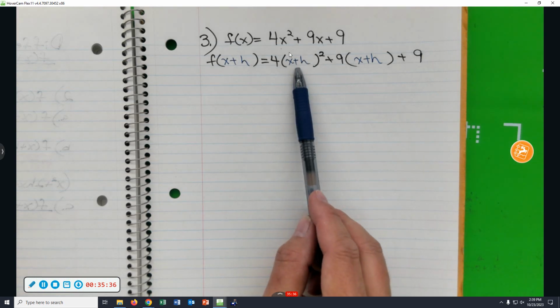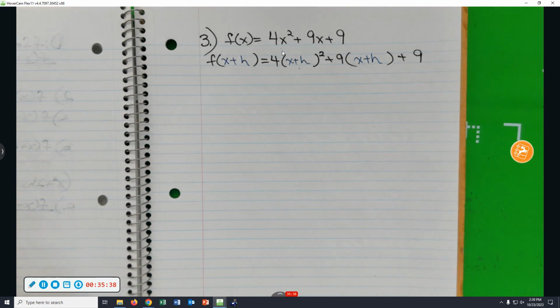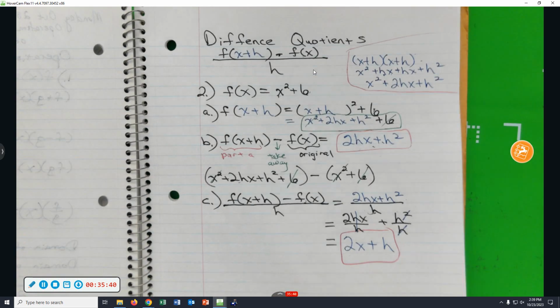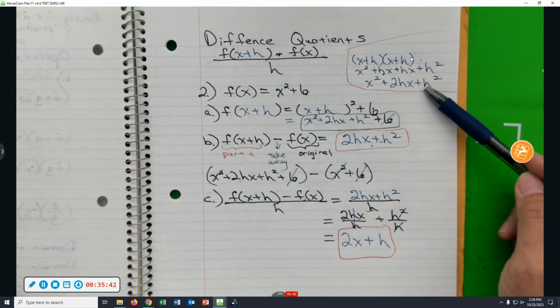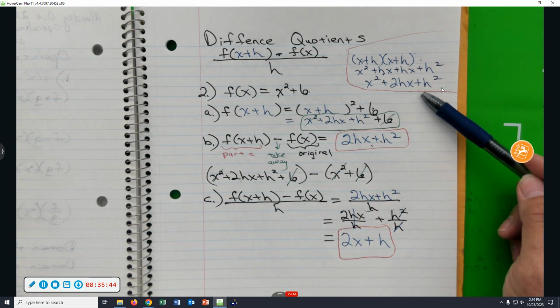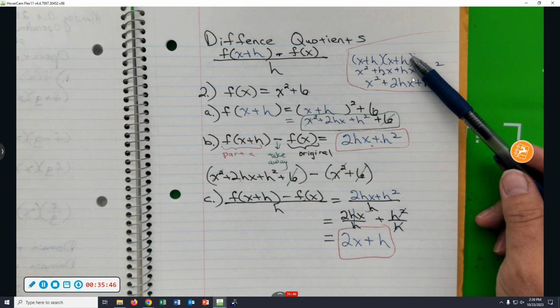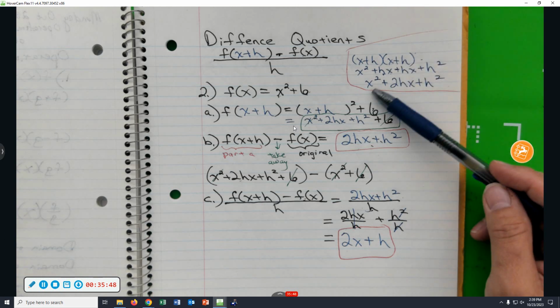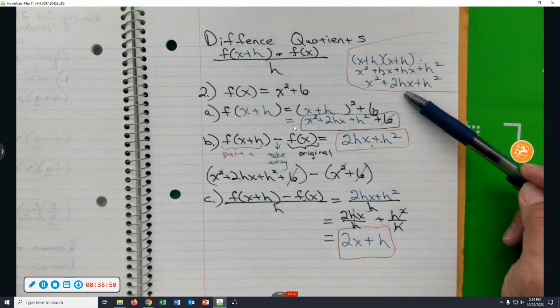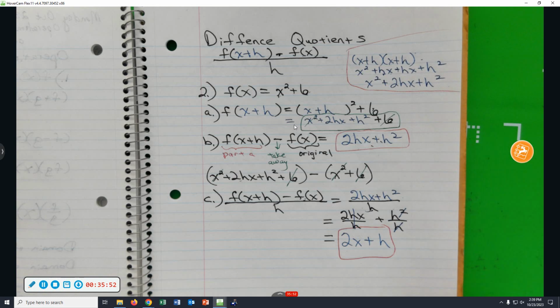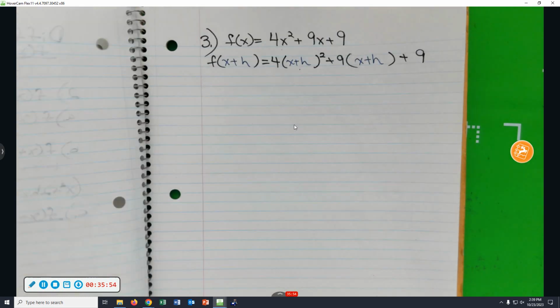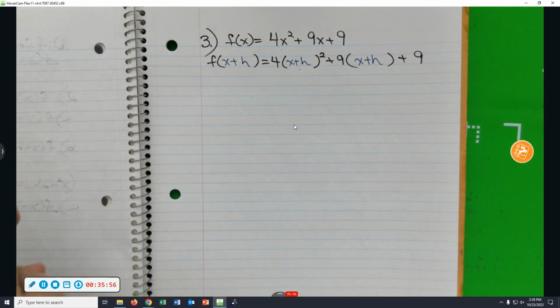What are we going to do to that x plus h squared? Write it twice and FOIL it out. There it is, what we just found. It's not going to change. It's x squared plus 2hx plus h squared. Look what I'm going to do. We still have that 4 there in front.